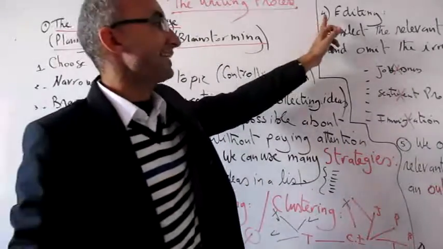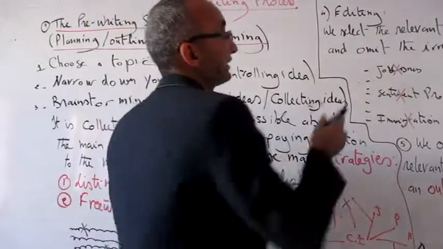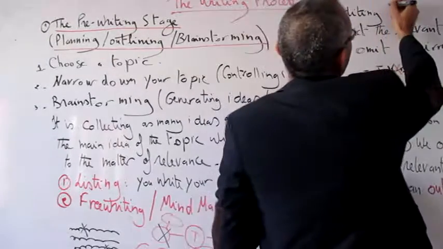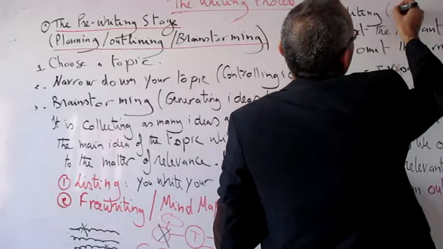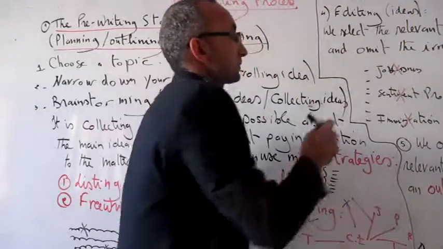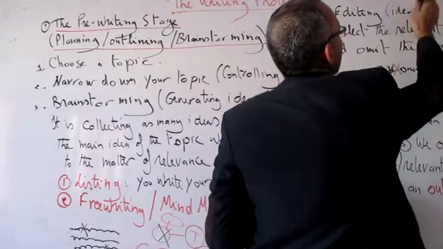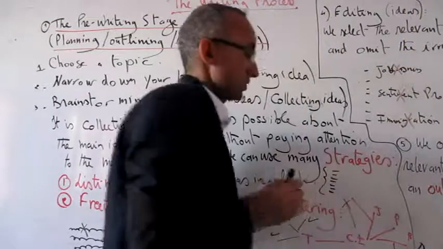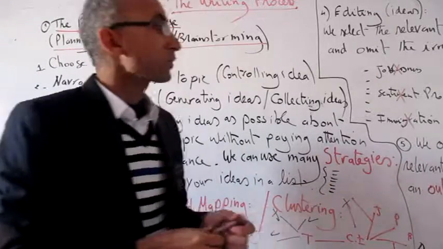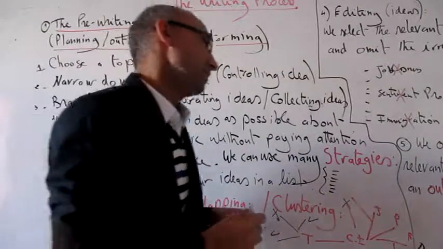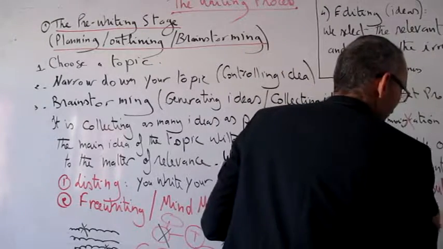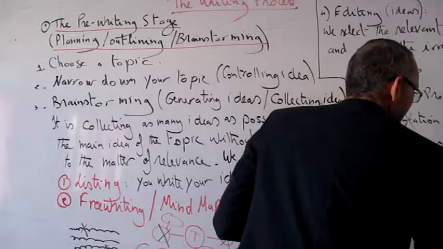So number 4 is editing, of course, at the level of ideas, unlike the next and coming stage. Number 5, the step is called outlining. If you want to write it, outlining.